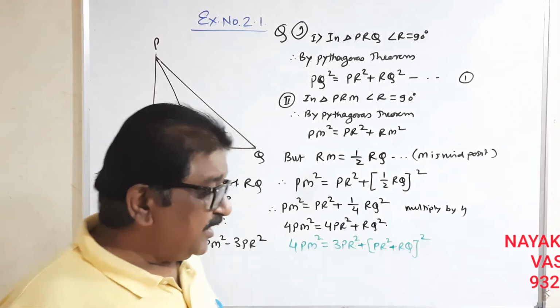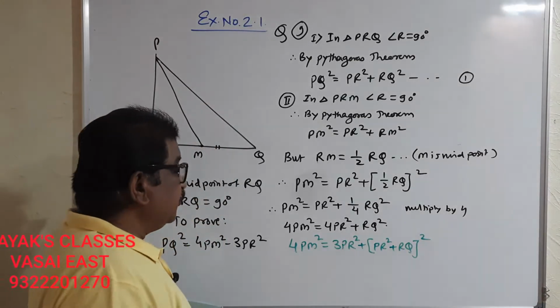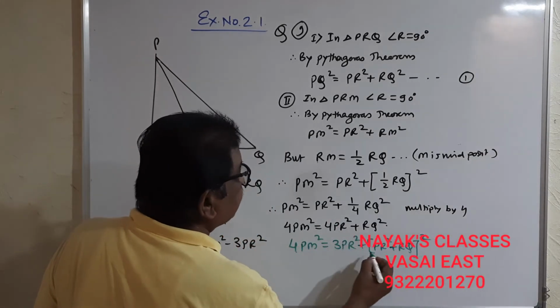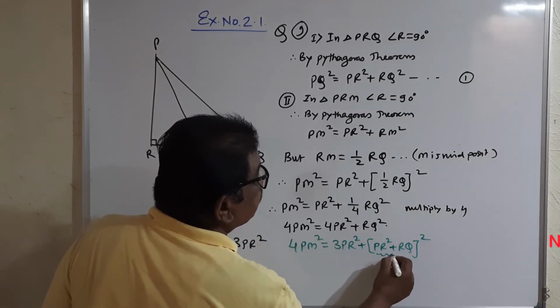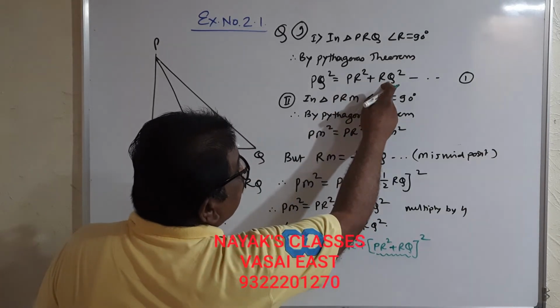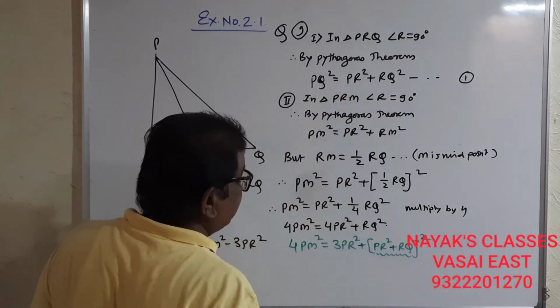So from statement 1, PR square plus RQ square is nothing but PQ square.